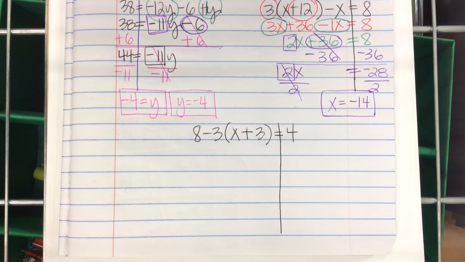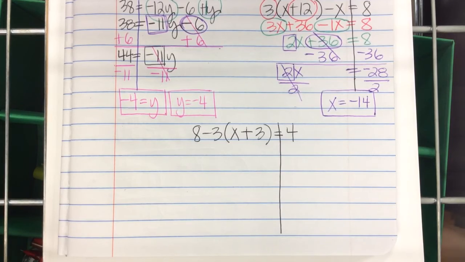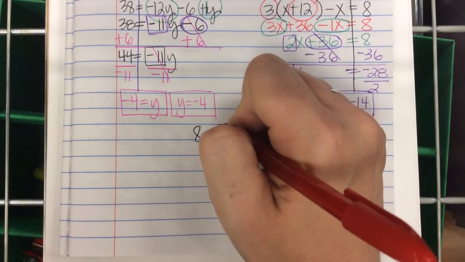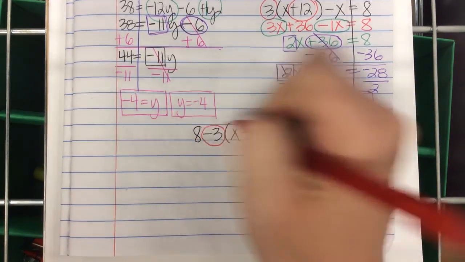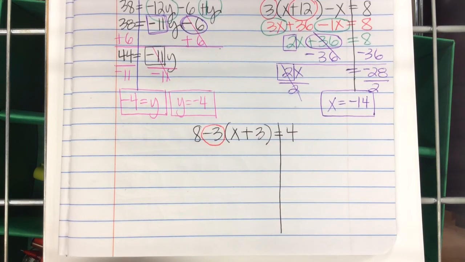Step 2, what is it? Distributive property. Only if there are parentheses. Are there parentheses? Yes. What gets circled to distribute? Do not forget, ladies and gentlemen, it could be a negative number. That negative belongs to the 3. That minus belongs with the 3.